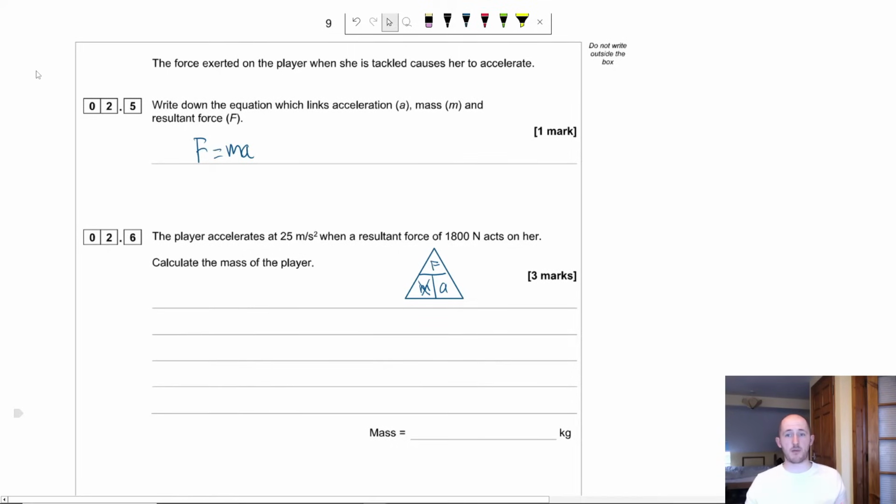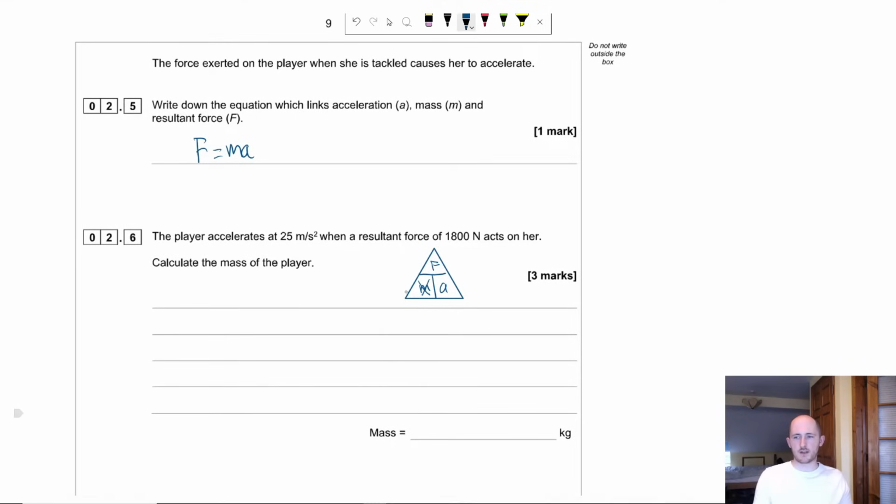If you noticed in both parts, for question 1 and question 2, we've had to rearrange this formula. So again, if you're unsure about rearranging, now will be a really good time to just practice rearranging or writing out formula triangles for these kinds of equations, okay? The reason why I've written it like this is because it's MA. I know that has to be on the bottom because that's where times is.